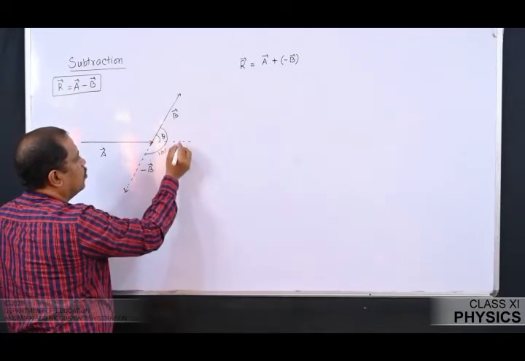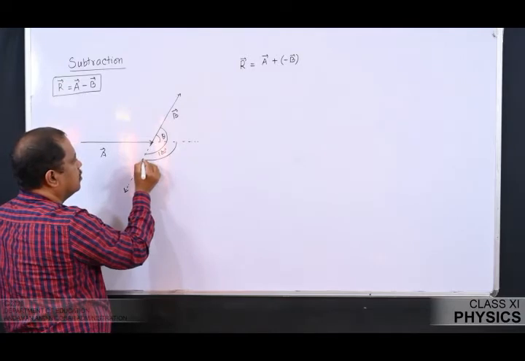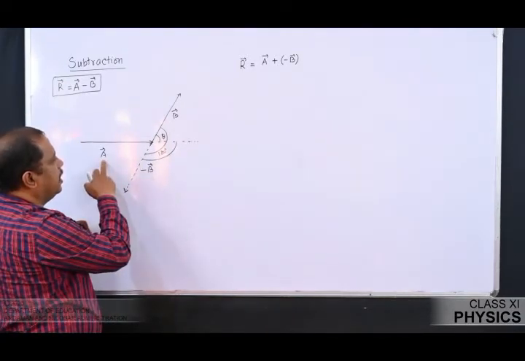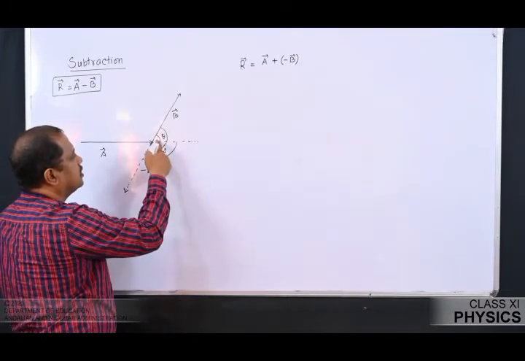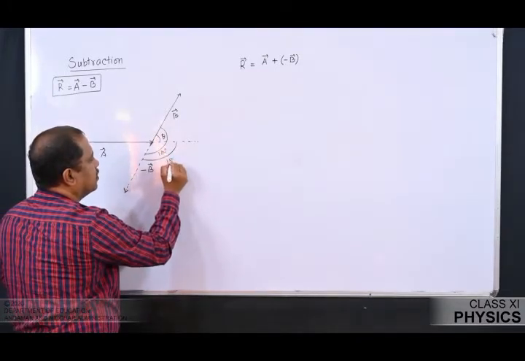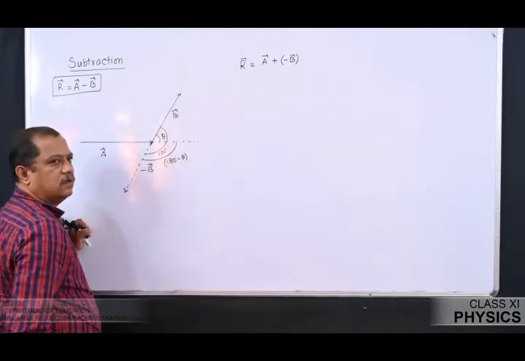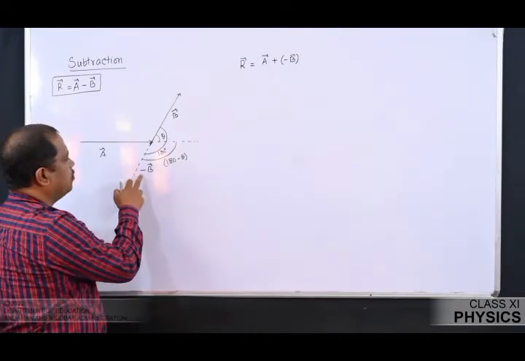I want this angle, which will be the angle between minus B and A. When the total angle is 180 degree and this angle is theta, do you think that this angle is 180 degree minus theta? So we have found the angle between A and minus B.